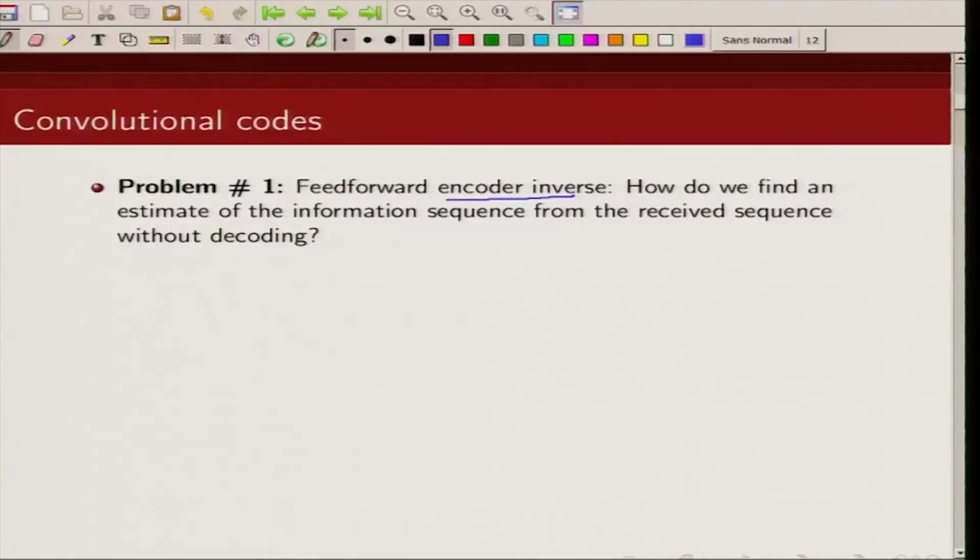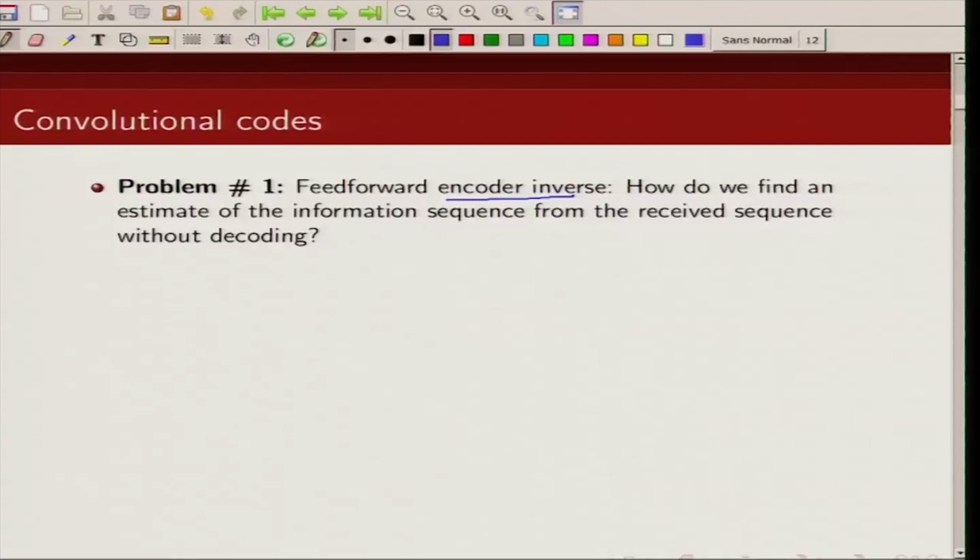Many a times we are interested in estimating the information sequence directly from the receive sequence without decoding it. For example, if you are encoding a sequence using a systematic encoder, then directly from the receive bits you can get back your information bits.